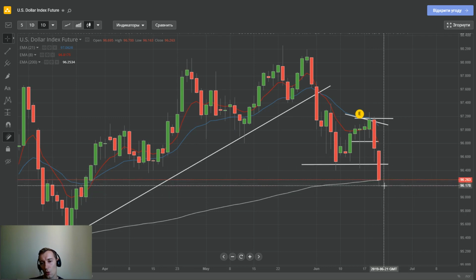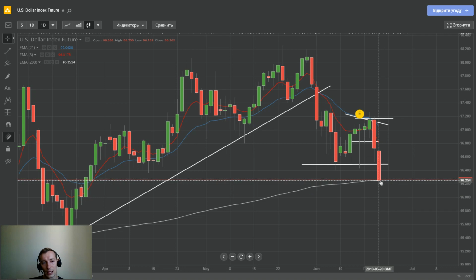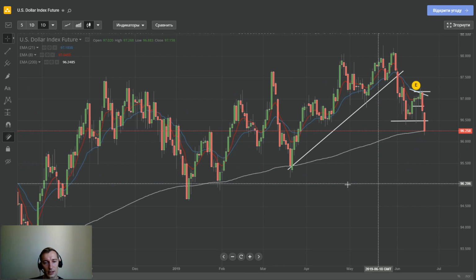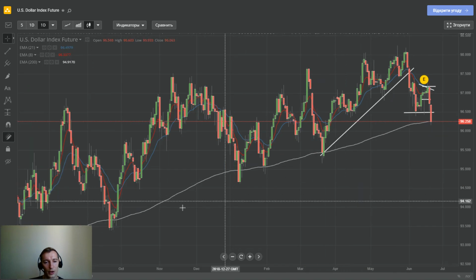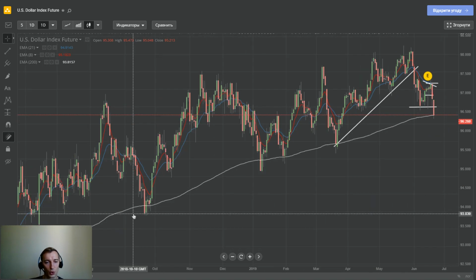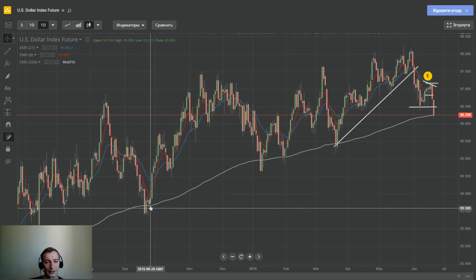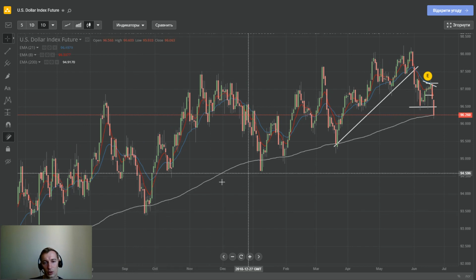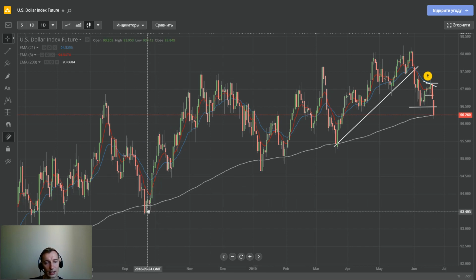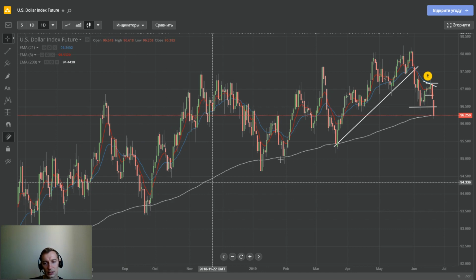So now what, guys? Now we have this red candle, a pretty negative bias here near the 200 moving average. Let's check history, because the 200 moving average is really important for the US dollar, because it acts like dynamic support since 2018, September 2018.